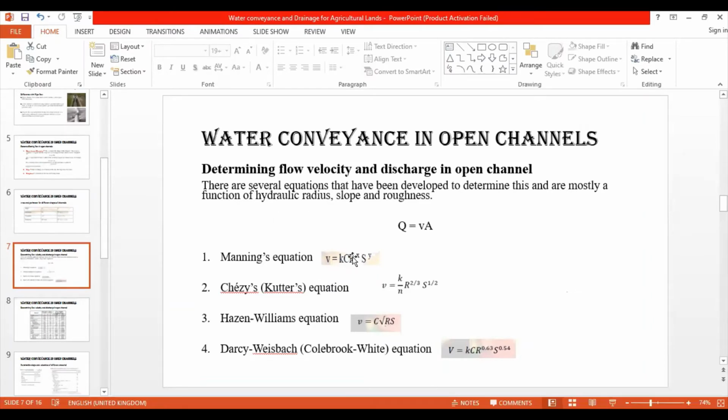This R is a factor which is affected by your area and your perimeter, while this K here is a parameter that is affected by the material that you are going to use. For example, if you are in a sandy soil or a clay soil, this factor will differ. When you multiply all of them, it will give you the velocity, the rate at which water will be traveling in that channel per unit time.